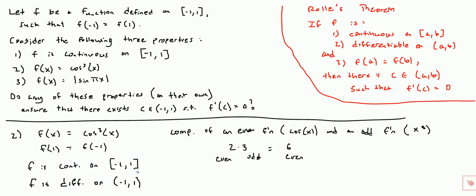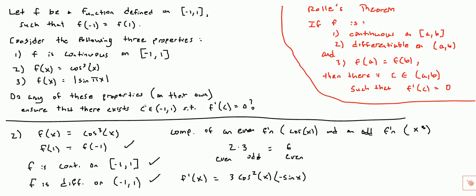The reason for that, well, we can just take the derivative. F prime of x is 3 cosine squared of x times negative sine x. That's using the chain rule. So these three criteria of Rolle's theorem hold. So for property 2, we went through and showed that Rolle's theorem applies.